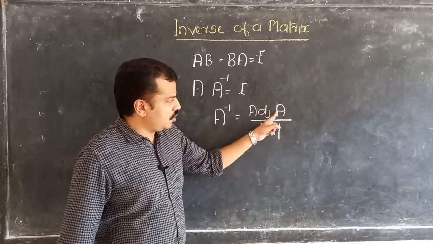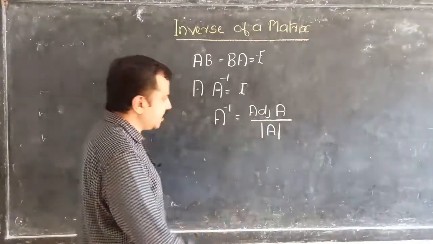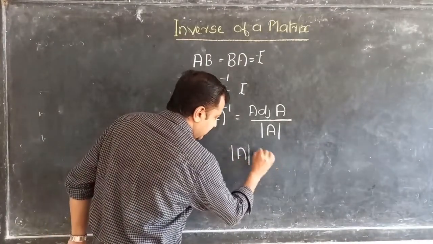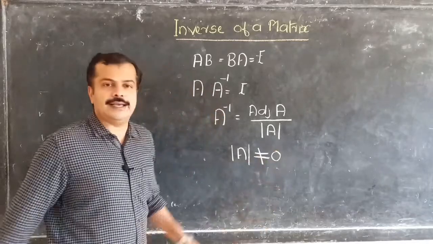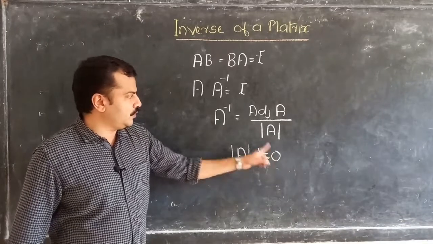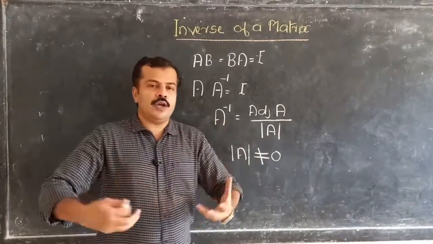So, adjoint of matrix A divided by determinant of matrix A, and A inverse only exists when the value of determinant is not equal to 0. That is, if determinant is not equal to 0, we can calculate the inverse of the matrix. So, that is how we calculate the inverse.